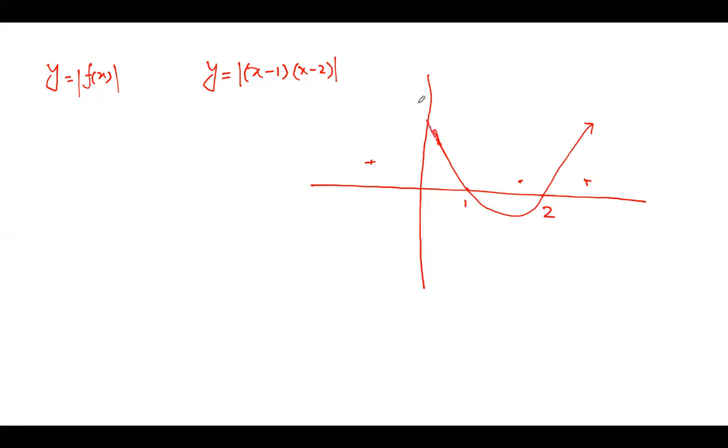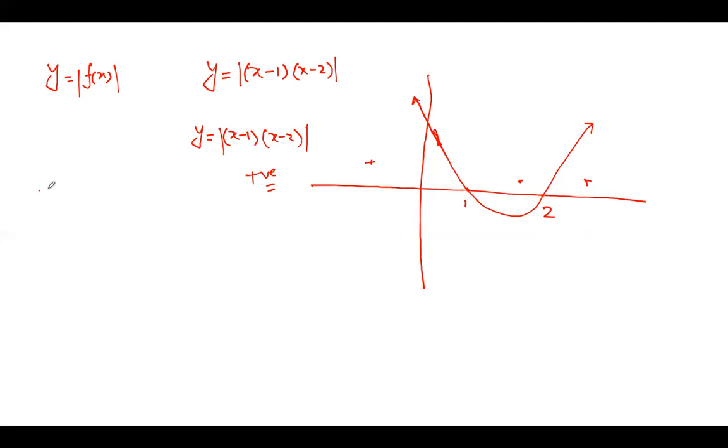This is the nature of the graph for y is equal to (x minus 1) into (x minus 2). But we have to use mod in this. Using mod makes this quantity completely positive. When this quantity is positive overall, the graph will be the same.